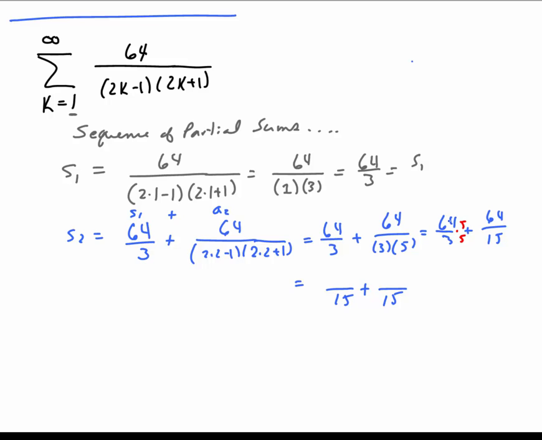So we have 320 here, plus my 64 from here, which equals 384 over 15. I think this is going to be reducible as well. We get 384 over 15. I can divide top and bottom by 3 here. So I end up with 128, 15 divided by 3 is 5. So this means s sub 2 is equal to 128 over 5.